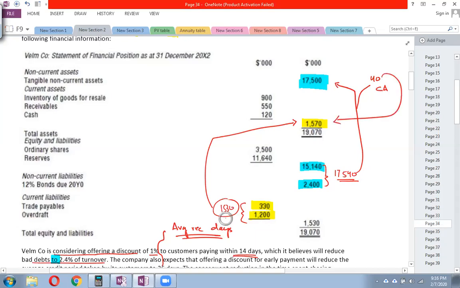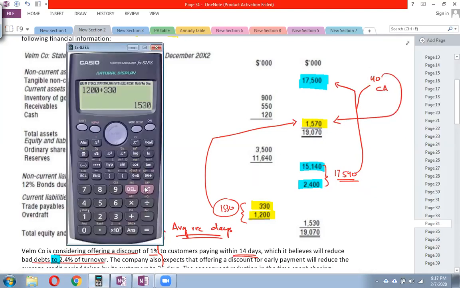So what does that mean, right? If you want to see the short-term finance, for example, you can see here 1530 out of 1570. Sorry, 1530 divided by 1570, which is 97% of the short-term finance is used to finance your current asset.